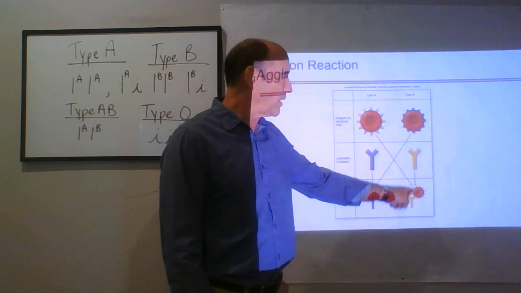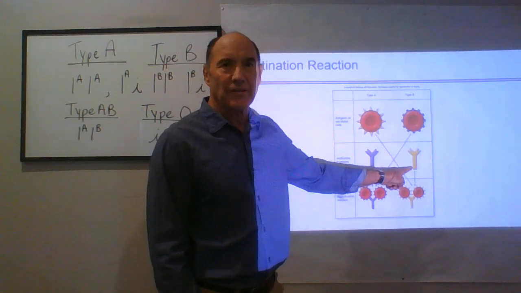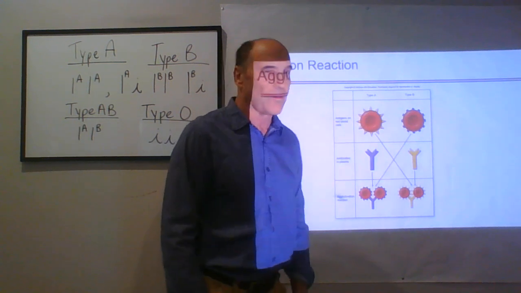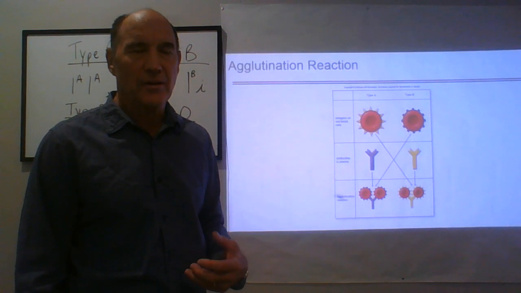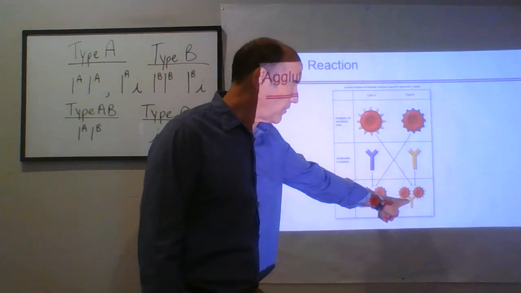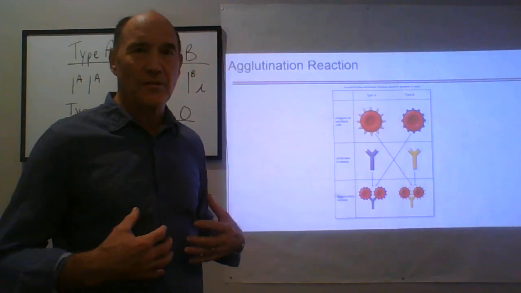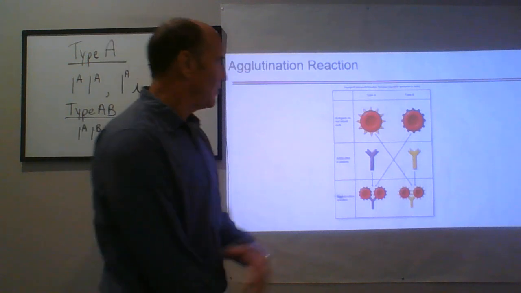If you were given whole blood, the donor's plasma anti-B antibodies would then react with your type A blood cells, and it would cause them to stick together like that. They would agglutinate, so it would plug up all your blood vessels. So that's why you gotta match.